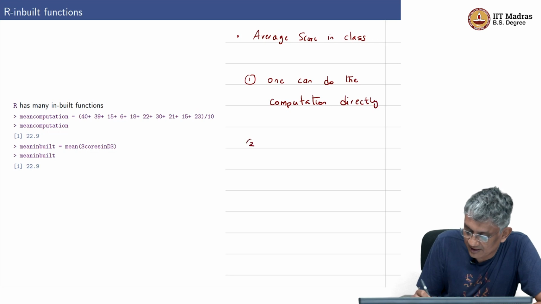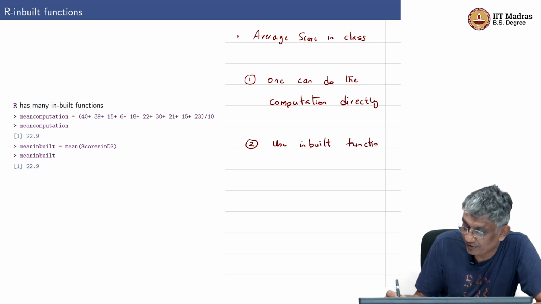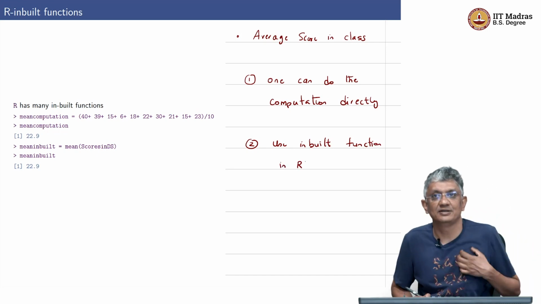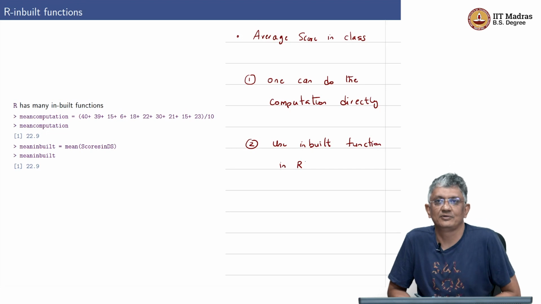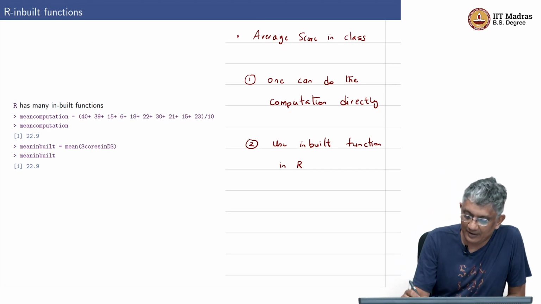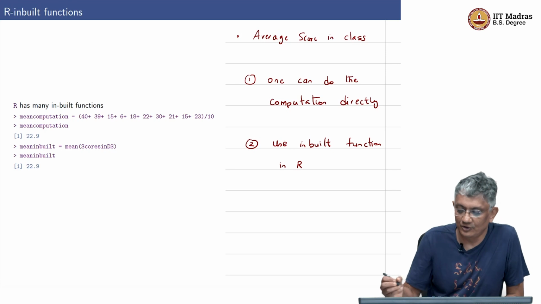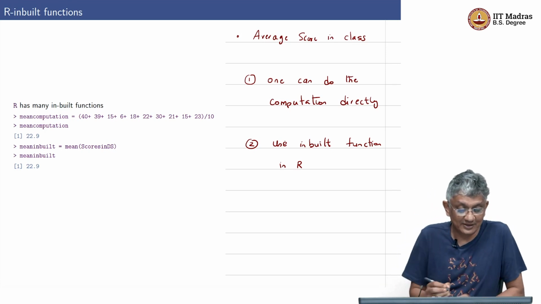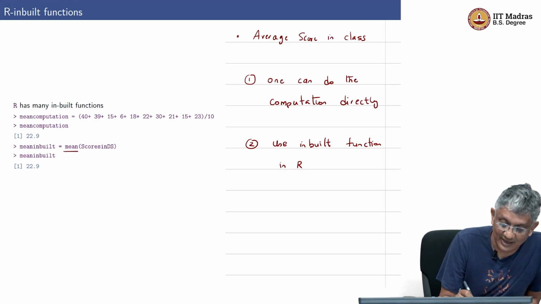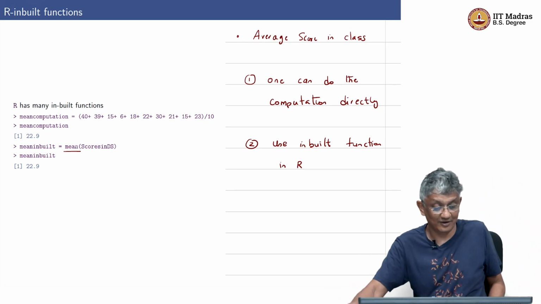The other way is to use an inbuilt function in R. You will find this regularly throughout the class: you can write your own code, or you can use an inbuilt function in R. Both have certain advantages and disadvantages, but efficiency-wise, it's always good to use the inbuilt function. The inbuilt function here is the mean function, which is already in R to compute the mean of a variable.